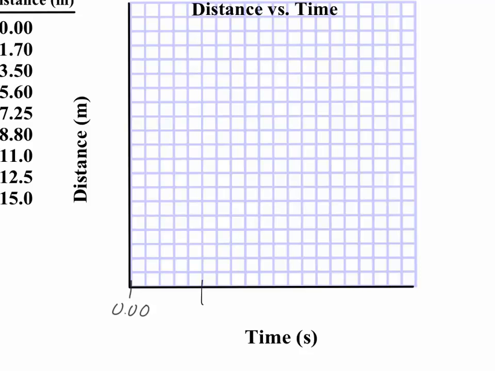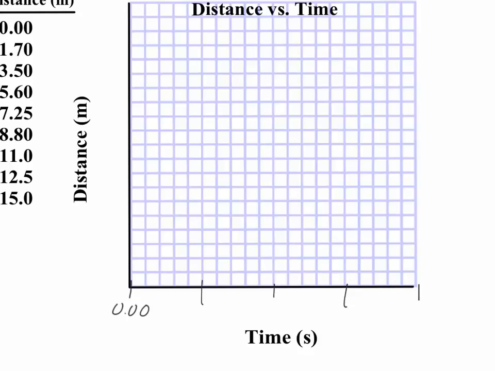Then I repeat the process: 1, 2, 3, 4, 5, put my next mark, and repeat again: 1, 2, 3, 4, 5. And the last one: 1, 2, 3, 4, 5.